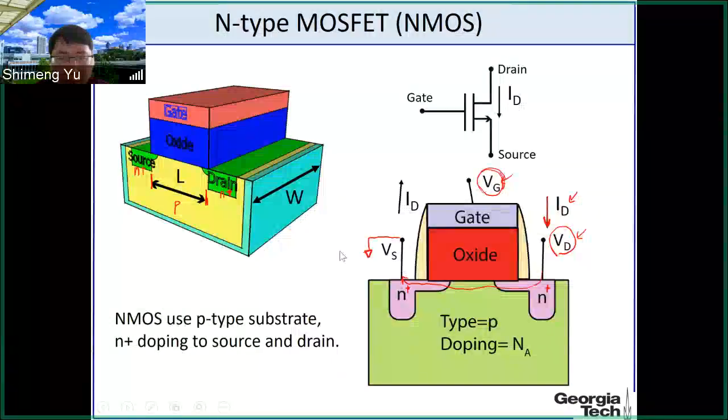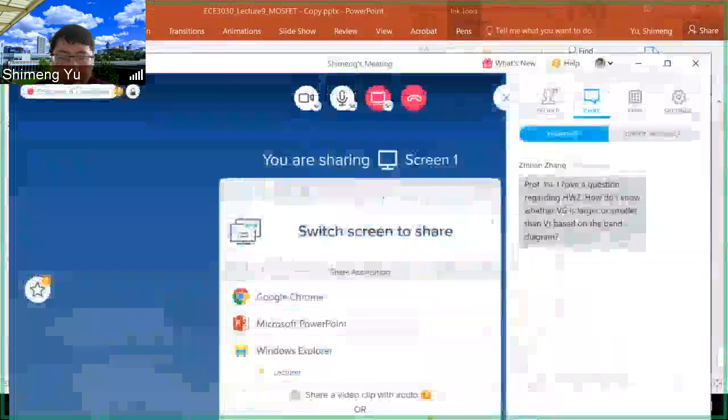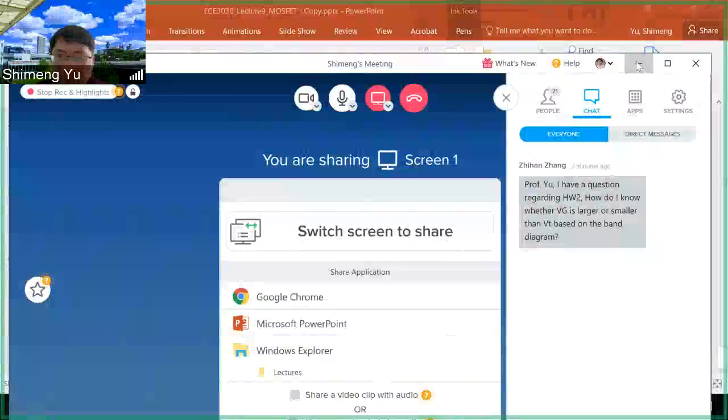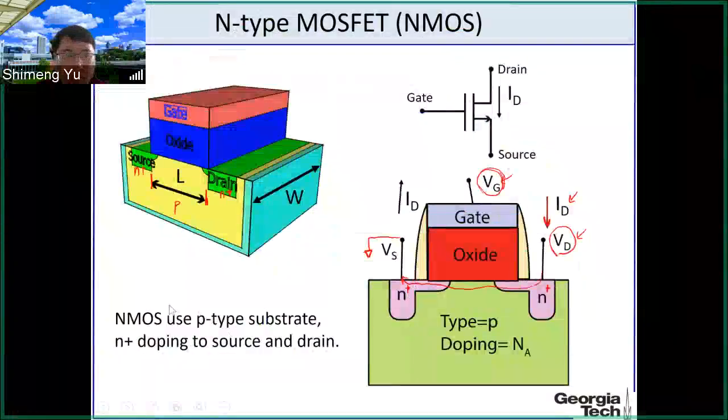Okay, any questions here? All right, so this is NMOS, and in lecture 10, we are going to discuss the PMOS. But today, let's focus on the NMOS. And remember, NMOS is built on the P-type substrate.